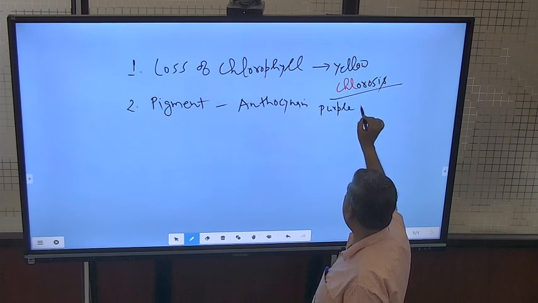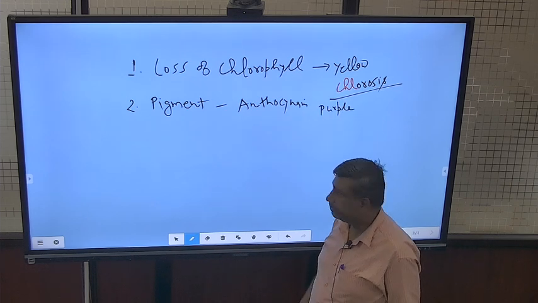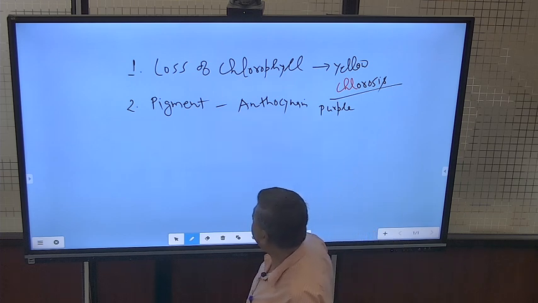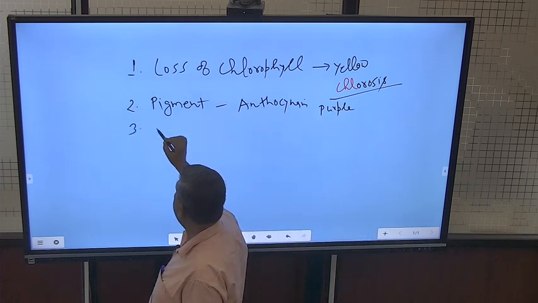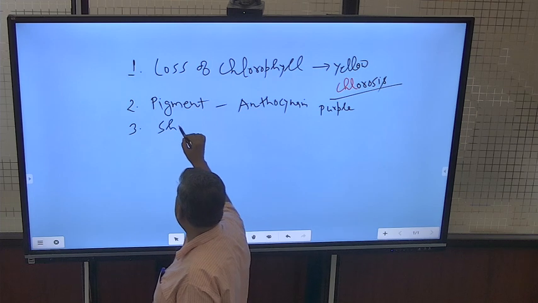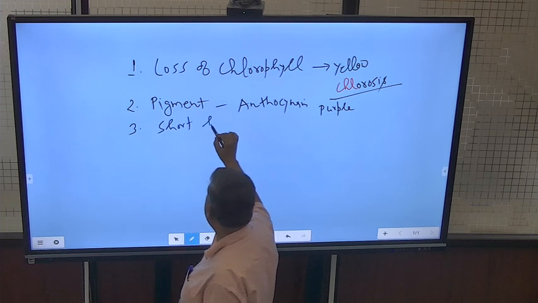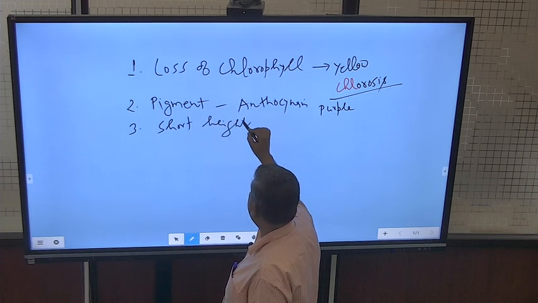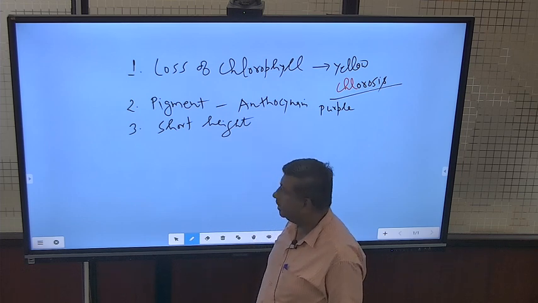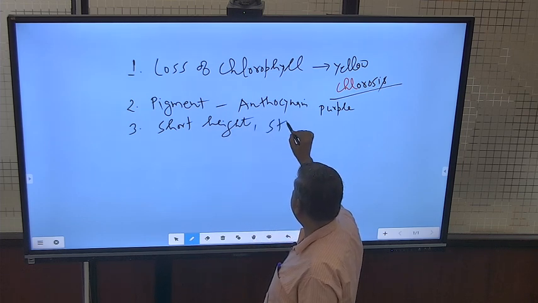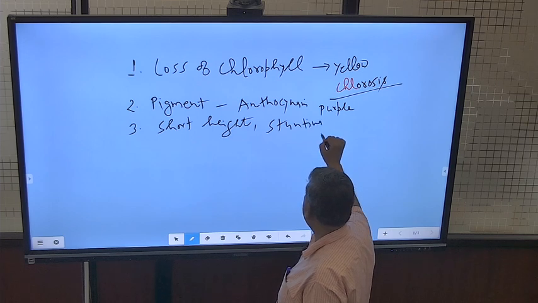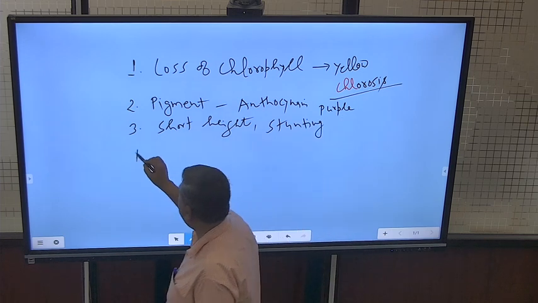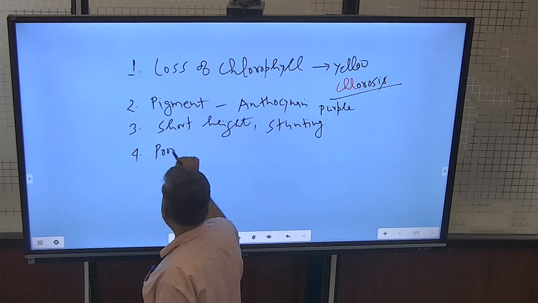Leaves become reddish brown purple. And the third one is short leaves, short plant height, or you can say stunting. Another is poor root growth and development.